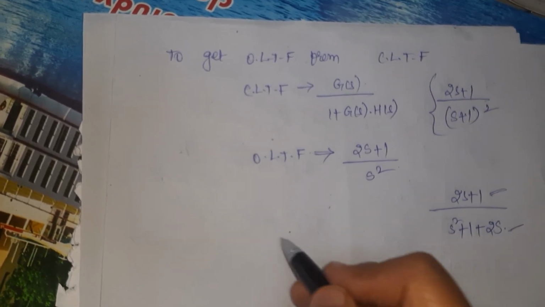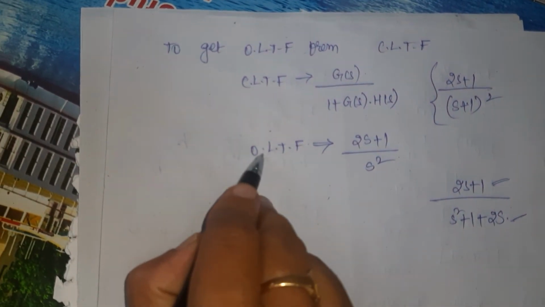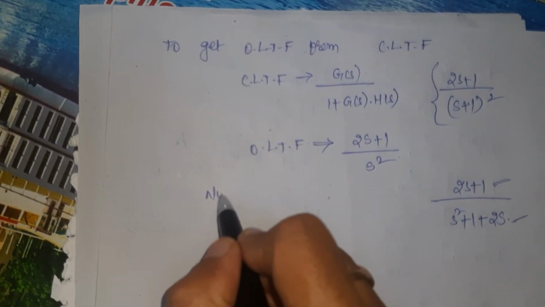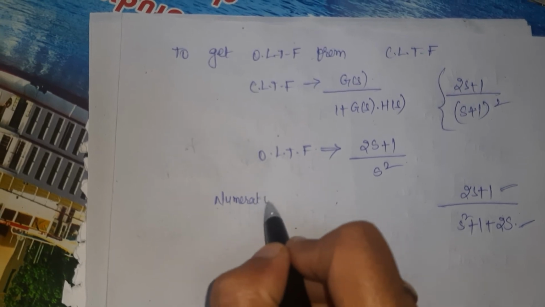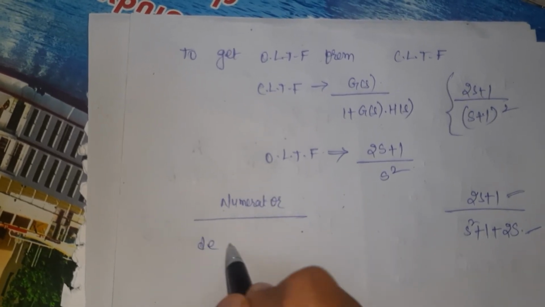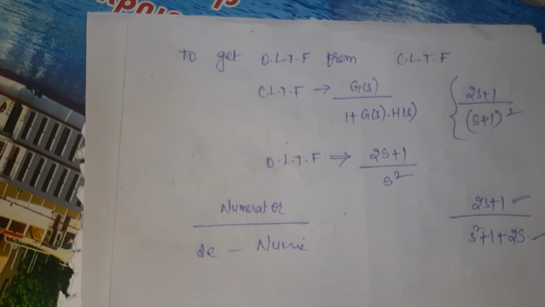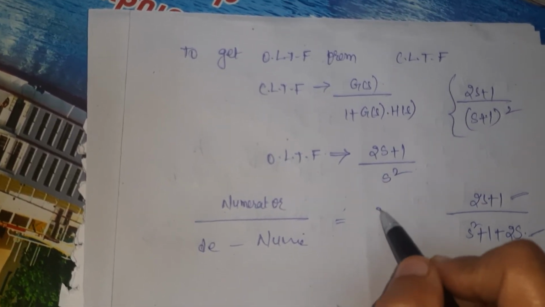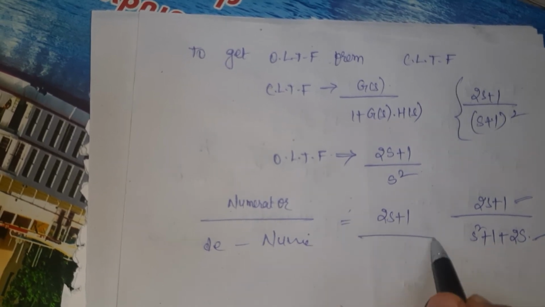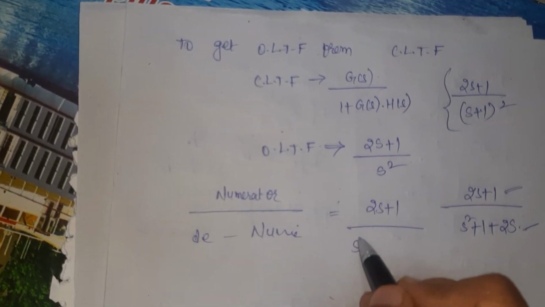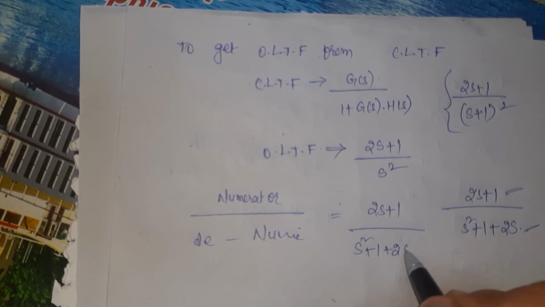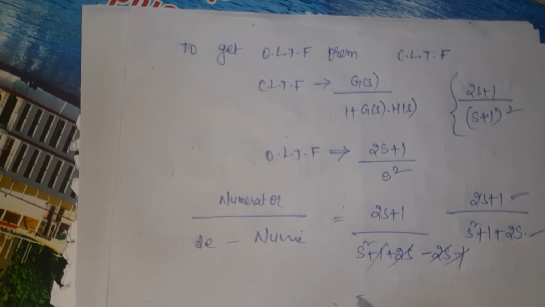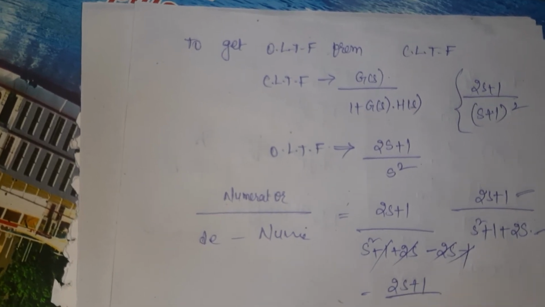So to get the open loop transfer function from the closed loop transfer function, the answer is numerator by denominator minus numerator. The numerator will be the same, 2s plus 1, and the denominator is s square plus 1 plus 2s minus numerator, that is minus 2s minus 1. This will get cancelled. So I will get 2s plus 1 by s square.